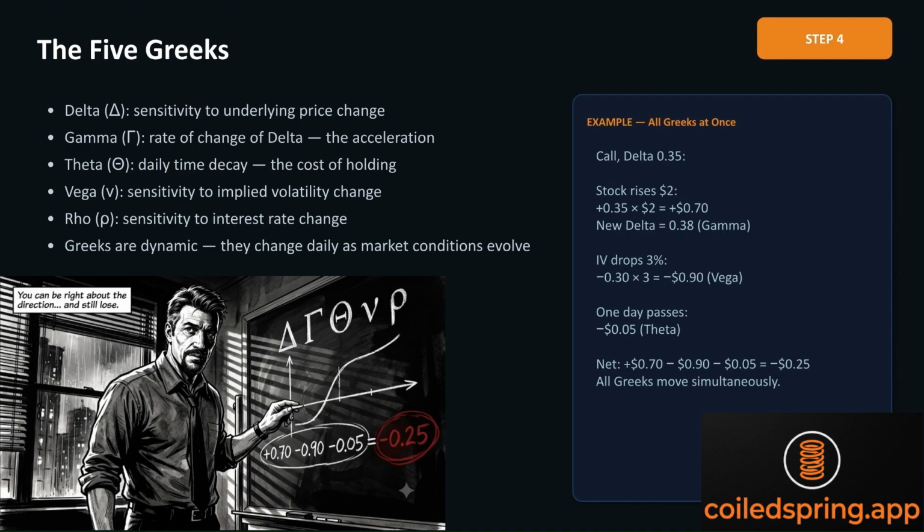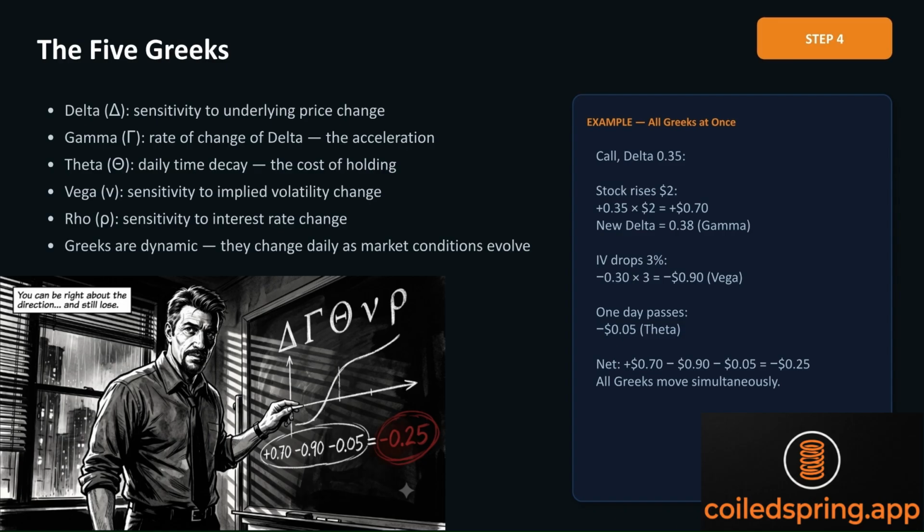In the previous slide, we established that options are nonlinear, that multiple variables affect the price simultaneously. Now, let me introduce the 5 instruments we use to measure those variables. These are the Greeks. Learn them well because you'll use them every single day you trade options. Delta. Delta measures how much the option's price changes for every $1 move in the underlying stock.